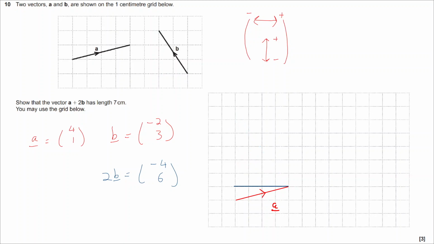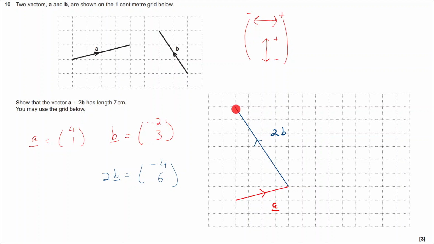This is vector 2b going in this direction. There we go. So we're doing a plus 2b.